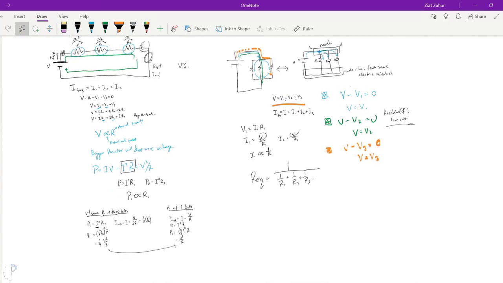Now, finally, let's talk about light bulbs again. Power. Since voltage is all the same, we're going to use V squared over R to talk about the brightness of bulbs. Again, we do this strategically because V is all the same, so that we are only looking at one variable. And so you can see how P is related to 1 over R, just like current.